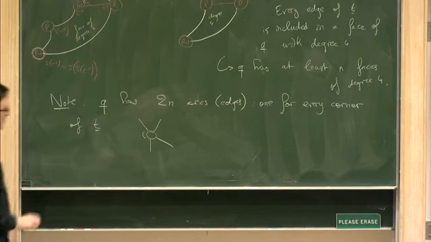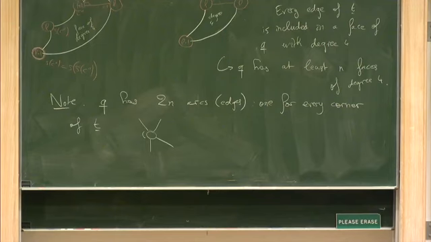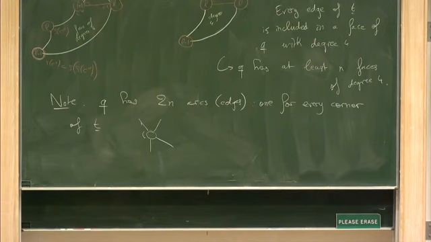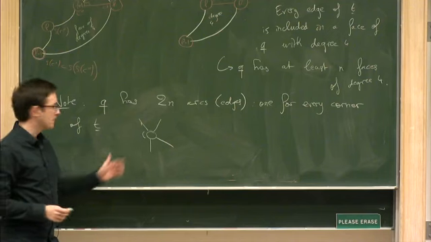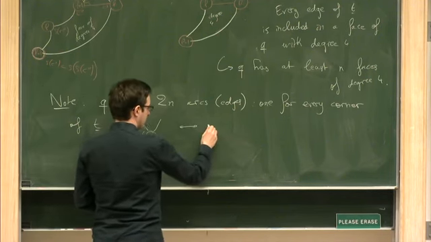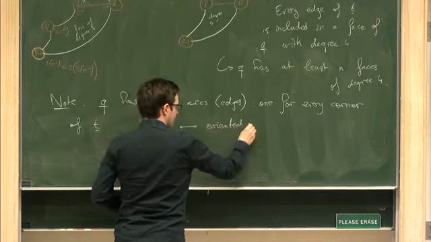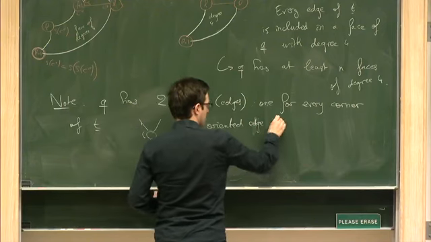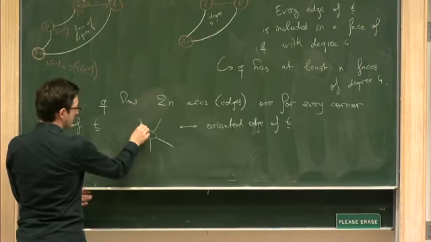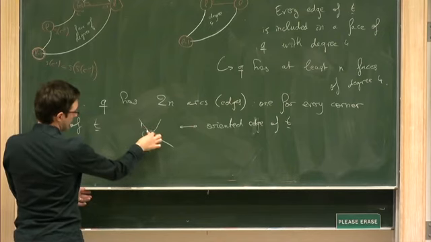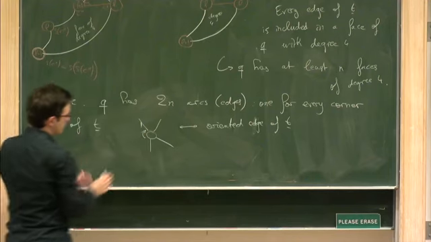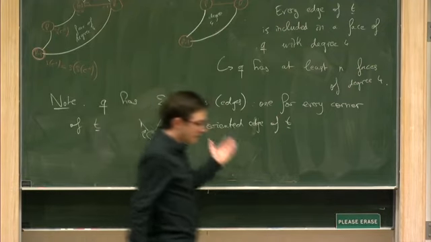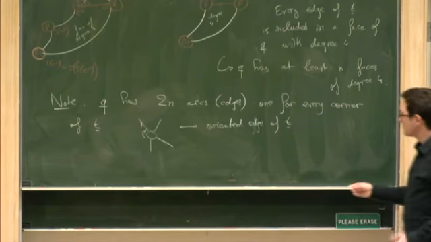A corner, I said, is a little angular sector around the vertex of T, but you can also associate every corner with one oriented edge of the tree. The corners of T are the same as oriented edges of T. If you fix an oriented edge of T, you just look at the angular sector that arrives on the left of this oriented edge. And T has n edges, so it has 2n oriented edges.